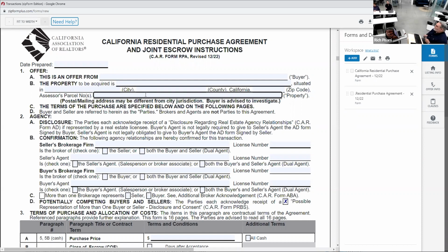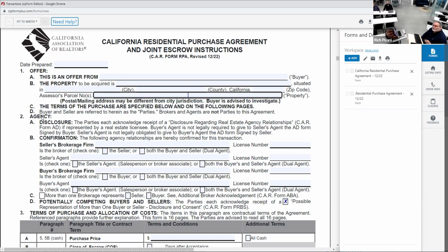If not, you can search in Realist, which is a tax public records tax information. You could search that by the address, but it's called the parcel number, the assessor's parcel number, and you put that there.